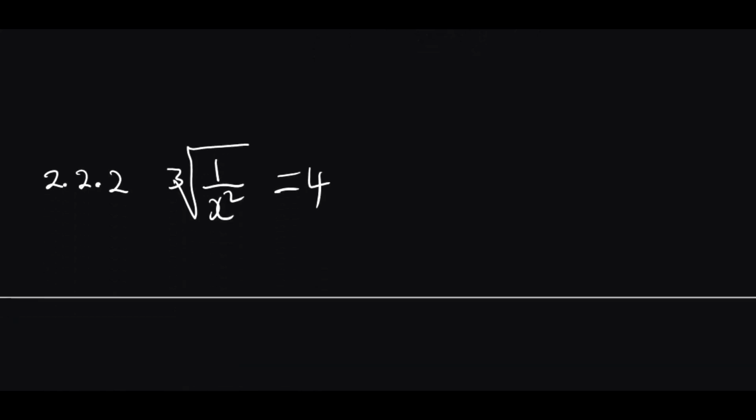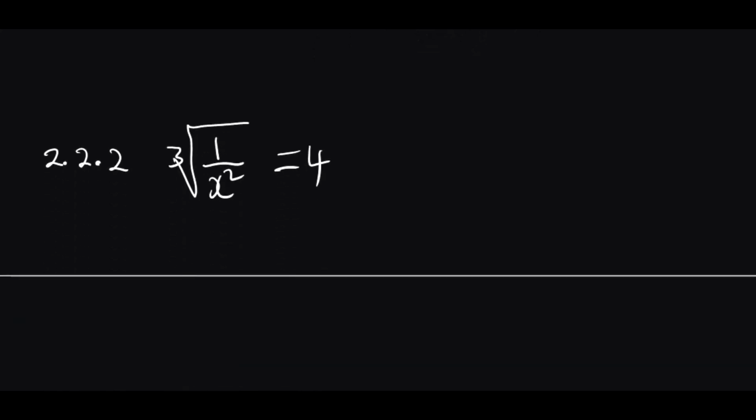Now let's move on. We've got 2.2.2, where we have cube root of 1 over x squared is equal to 4. We can also write this 1 over x squared as cube root of x to the power negative 2, which is equal to 4.